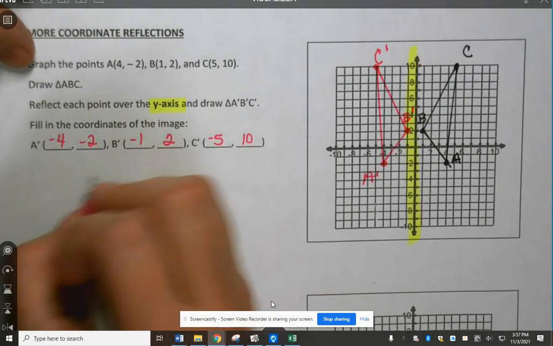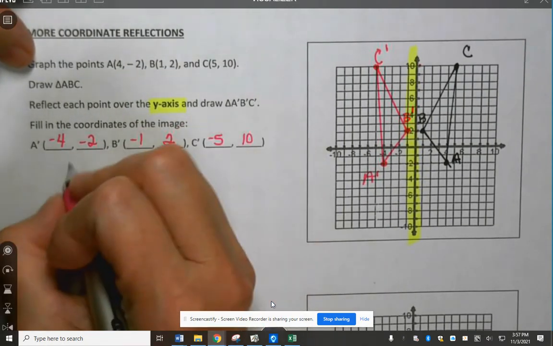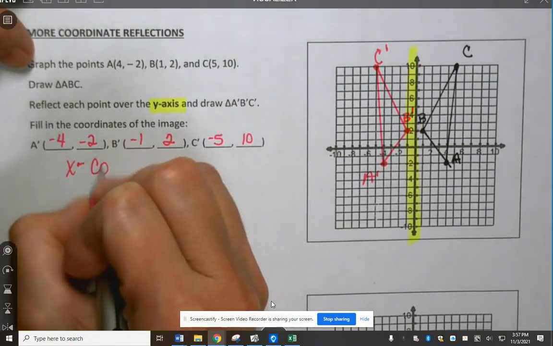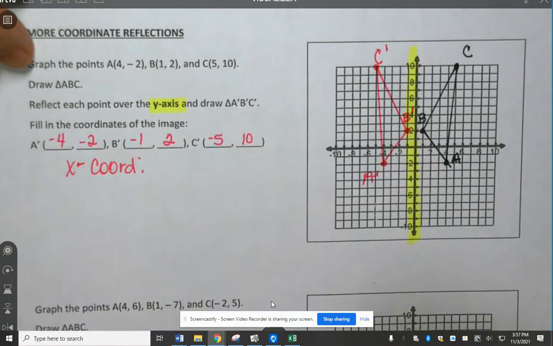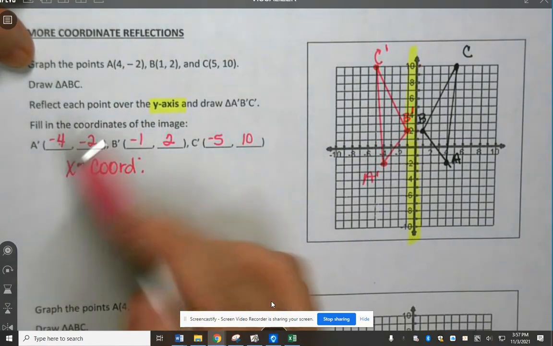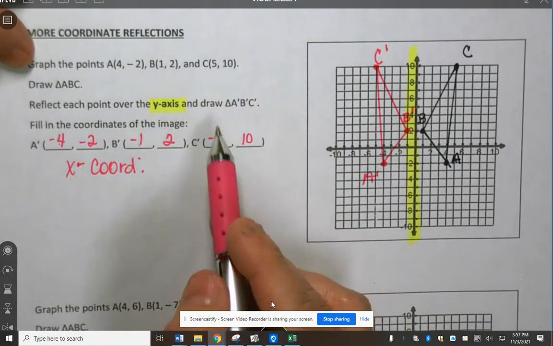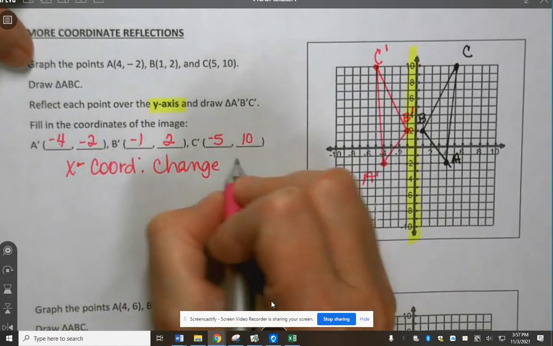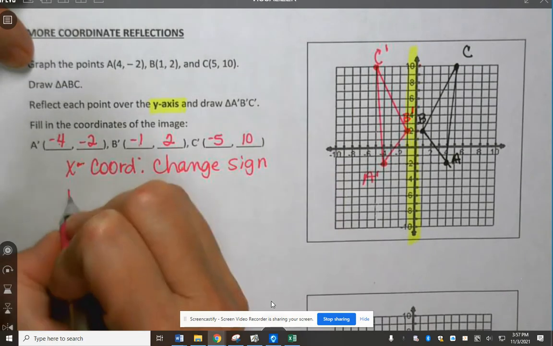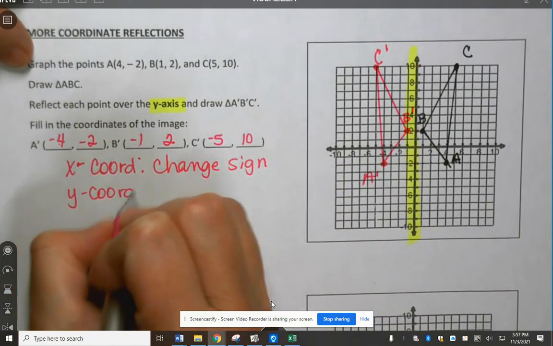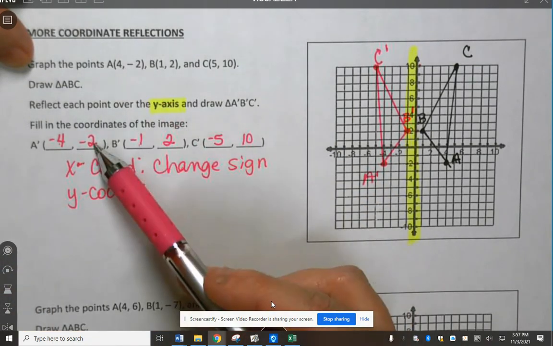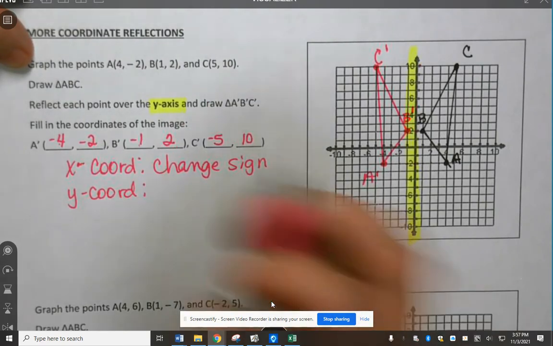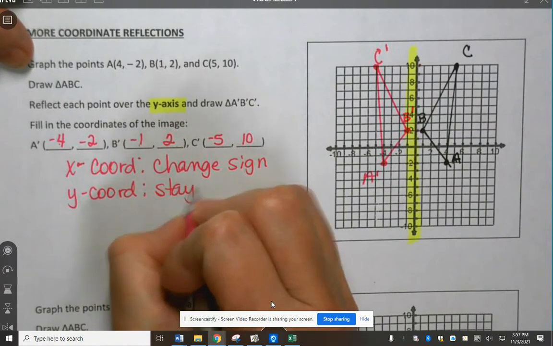So in this case, going over the y-axis, the x coordinates went from 4 to -4, 1 to -1, 5 to -5. So they changed sign. And the y coordinates: -2 stayed -2, +2 stayed +2, and 10 stayed +10, so they stayed the same.